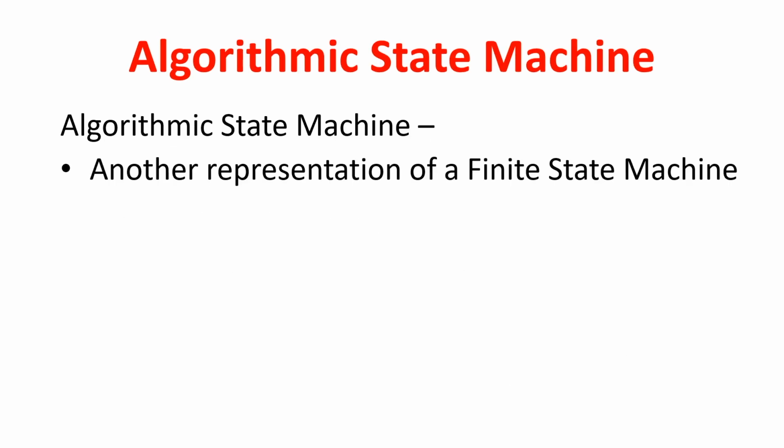Algorithmic state machines are another representation of finite state machines, an improved version, with data elements, compute elements and selection elements separated; particularly the adder, multiplier, counter, registers and multiplexer are separated from the actual FSM.